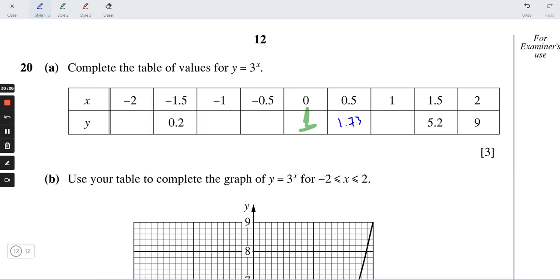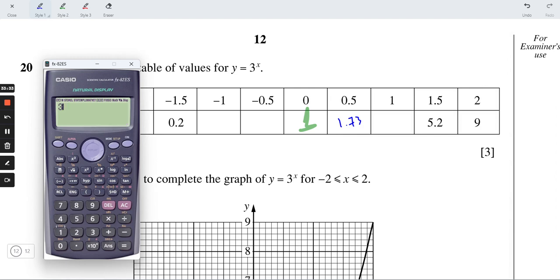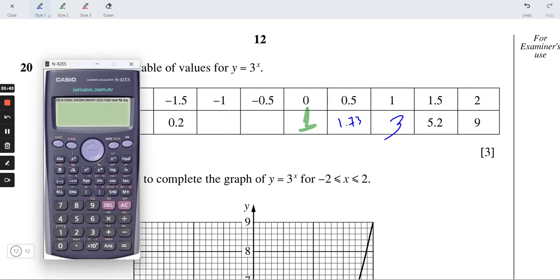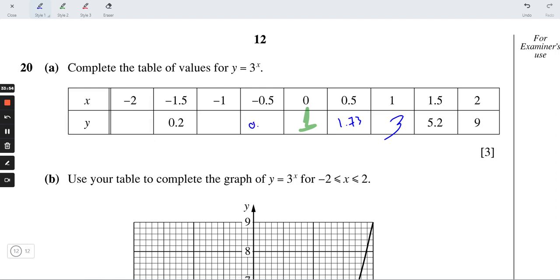Now you should keep going with the questions here, finding the values. 3 to the power of 1 is 3, this is easy. Here 3 to the power of minus 0.5, if you use the calculator, you will find 0.57. 3 to the power of minus 1 is 1 over 3, which is 0.33 here.